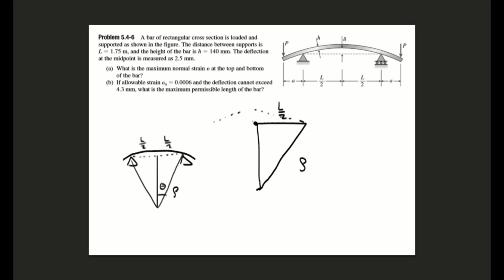We would have something like this, right? And we'd have our deflection right here. And we know that from this point up to this point is our radius. So if we want to know what this distance is, all it is is our radius rho minus that deflection.